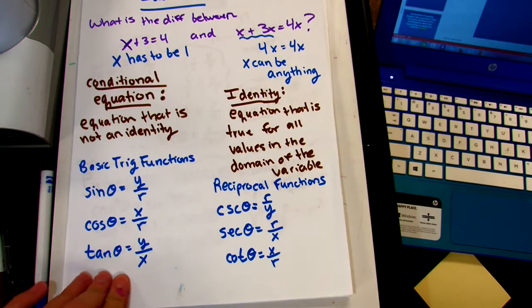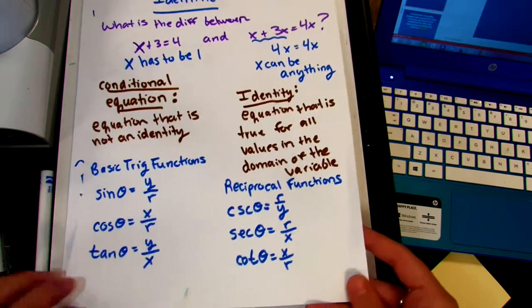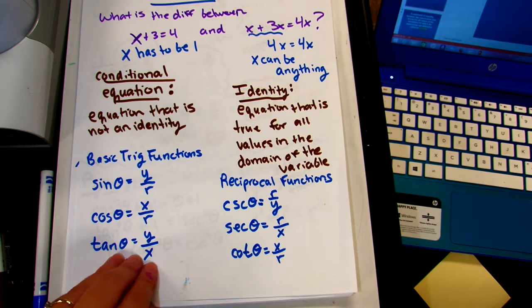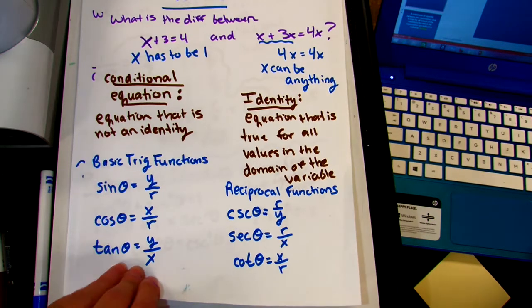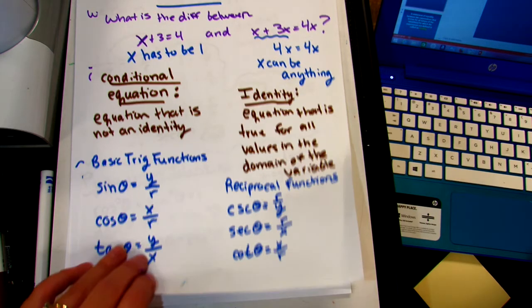All right, so now that we've got our basic definitions, let's look at what else we can do. Think about this. We are claiming that secant is the reciprocal of cosine. And really, the reciprocal of cosine means 1 over cosine.